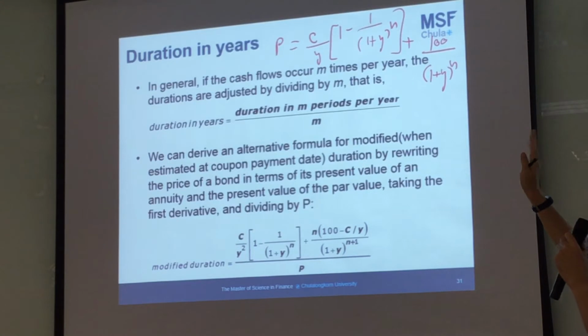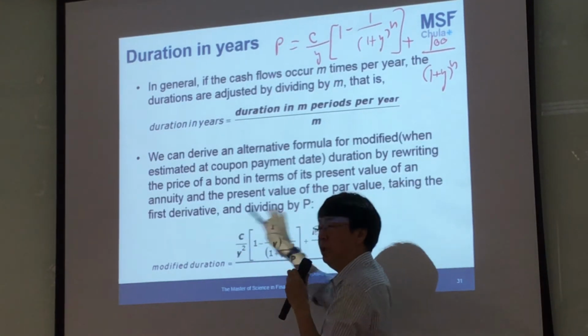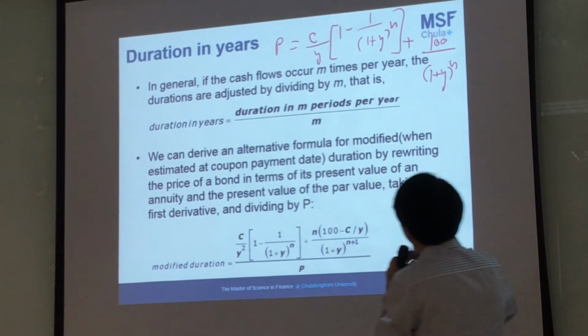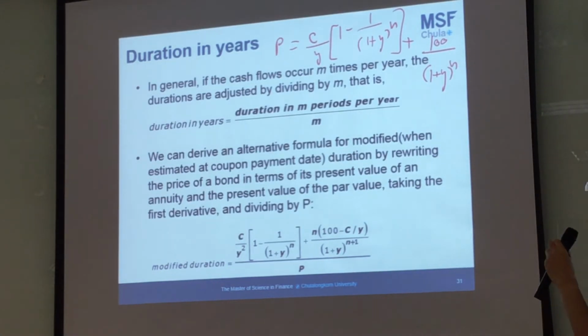C is the annuity, the coupon over yield. I used to write Y in the bracket, but in this case, I just want to move Y to the front to make it close to the result of the derivation. Plus the face value, which in this case is assumed to be 100, over 1 plus the yield, to the power of n.